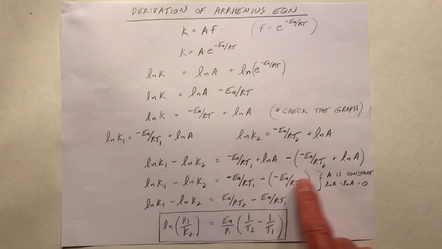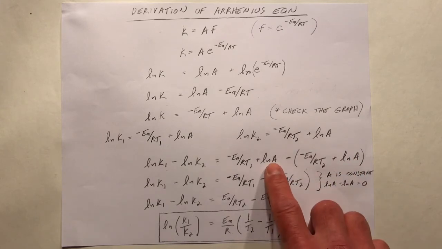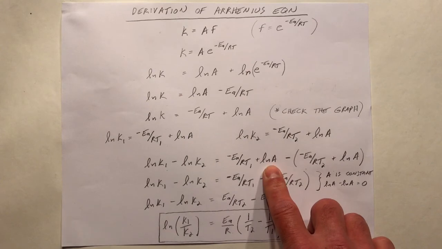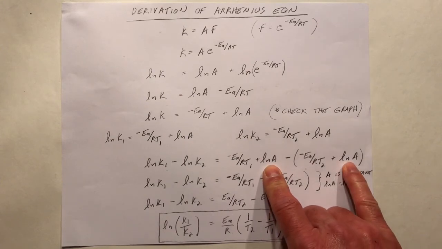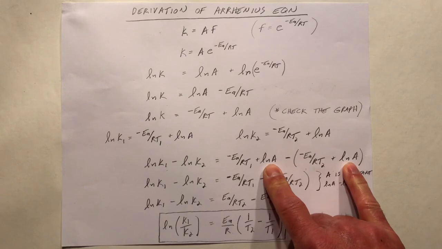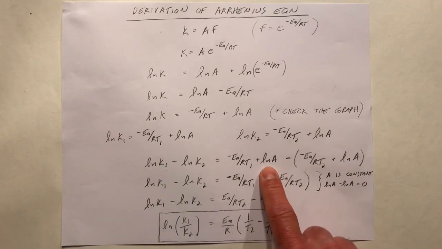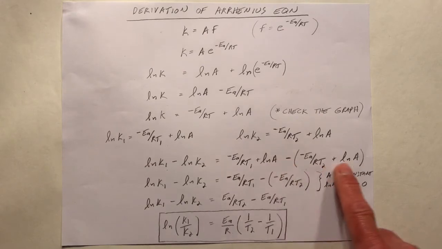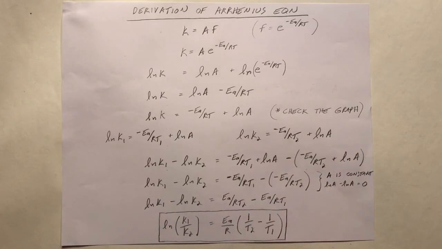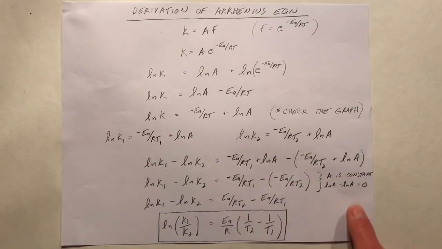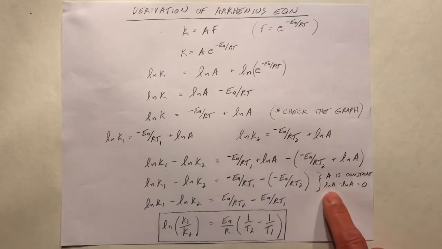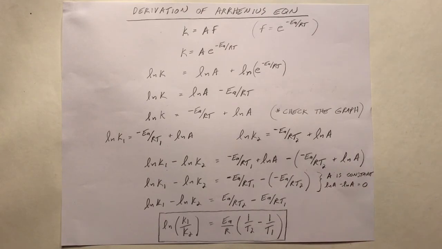So let's rearrange this a little bit. What we can do here is say that the natural log of A is going to be the same, because we said that we're going to treat A as constant. So we have natural log of A minus natural log of A. That means natural log of A minus itself becomes 0.